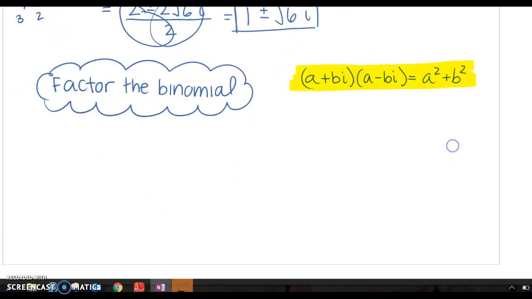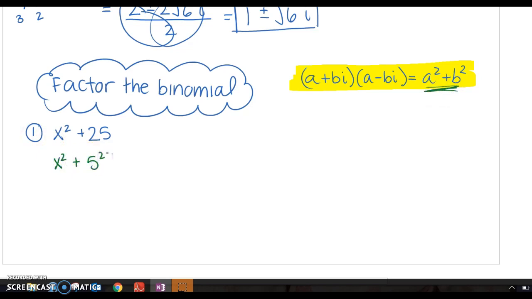Okay, so for our first example, let's look at x squared plus 25. First we want to see if we can rewrite it using a squared plus b squared. So x squared plus, well, 5 squared is 25.